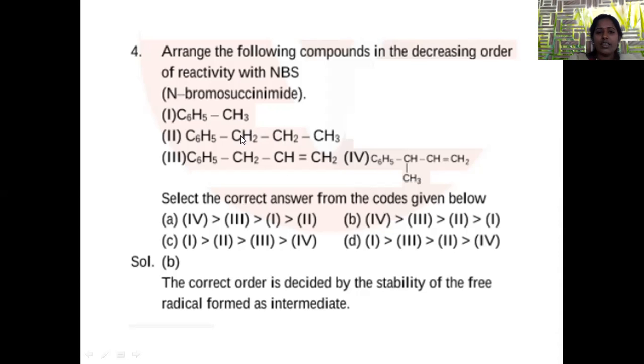Here it will be a secondary carbon free radical, hence after 4 and 3, next will be 2. The least will be the benzyl one, because it is a primary carbon free radical, so it will be the least stable among all the given options. The correct order is 4 followed by 3 followed by 2 followed by 1. Option B is the correct answer. This mainly depends upon the stability of the free radical intermediate formed in this reaction.